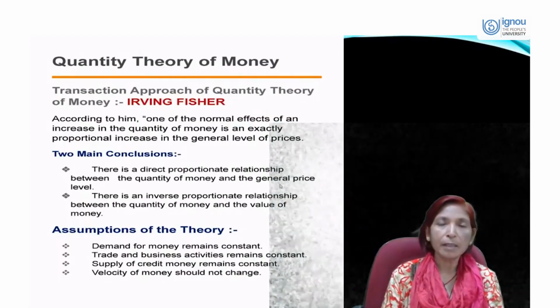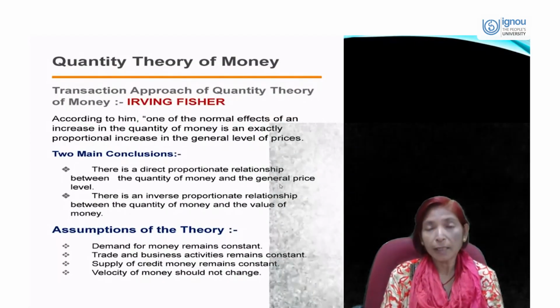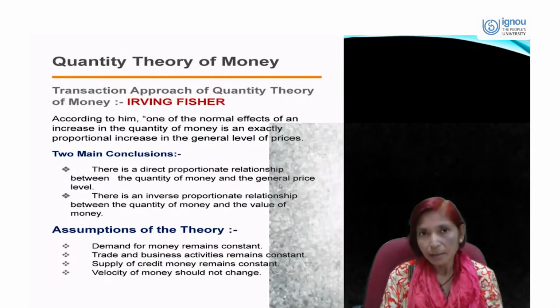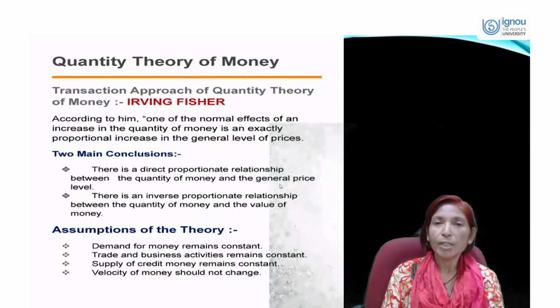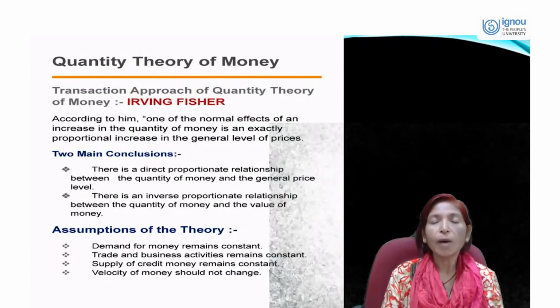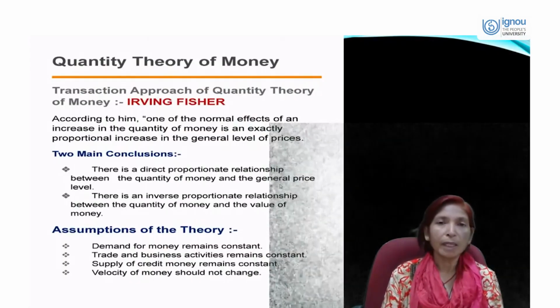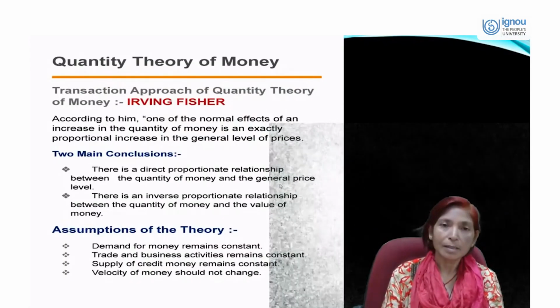And when demand for money remains constant. But you know that demand for money also cannot remain constant, because as population increases, people's needs increase, and the demand for money will also increase.